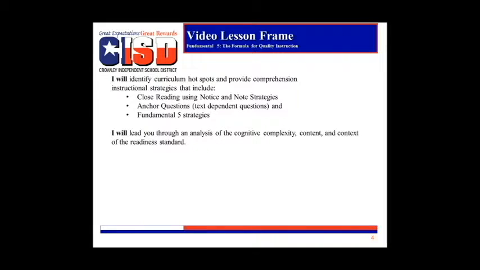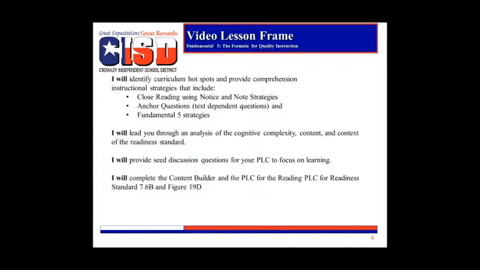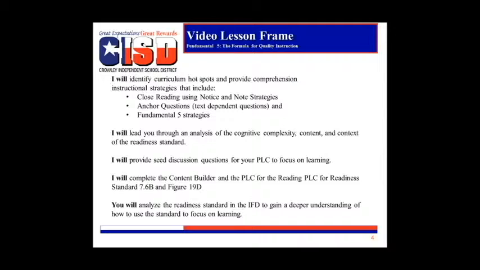I will lead you through an analysis of the cognitive content and context of the Readiness Standard, provide seed questions for your PLC, complete the Content Builder and the PLC for the Reading PLC using Readiness Standard 7.6b and Figure 19D, and you will analyze the Readiness Standard in your IFD to gain a deeper understanding of how you can use this to focus on learning. The planning components and process of this video are the same as Unit 1 so that you can become familiar with the process.